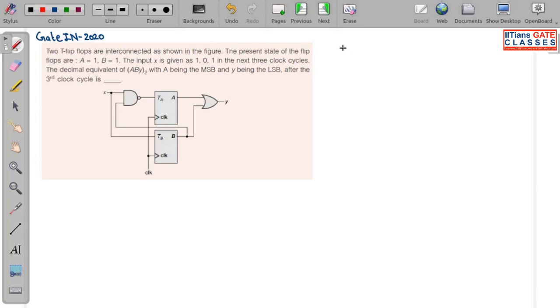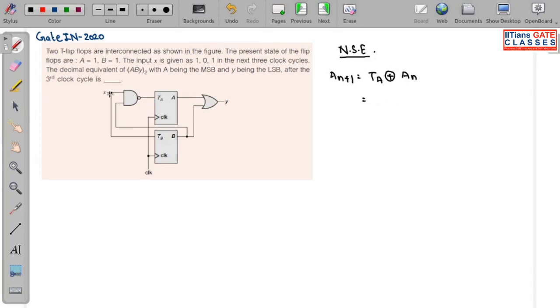So if I write the next state equation, what will it be? A(n+1) is equal to TA XOR An. So what is TA?